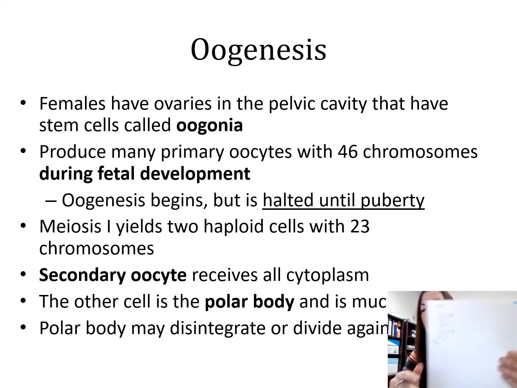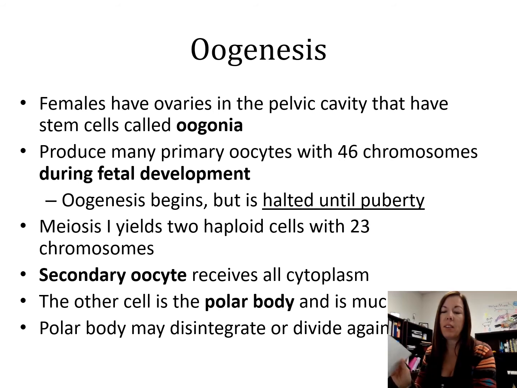right? So you've got your secondary oocyte that gets all the gooey cytoplasm, and you got your little polar body over here that doesn't get anything. And that polar body may disintegrate, or it may go on to divide again.